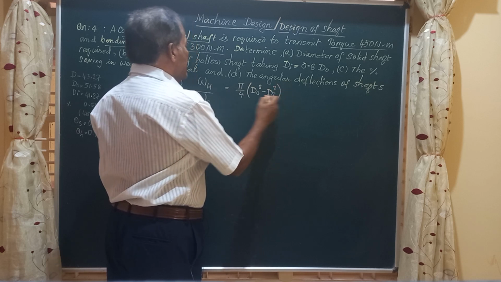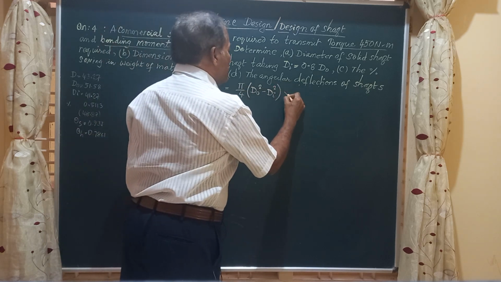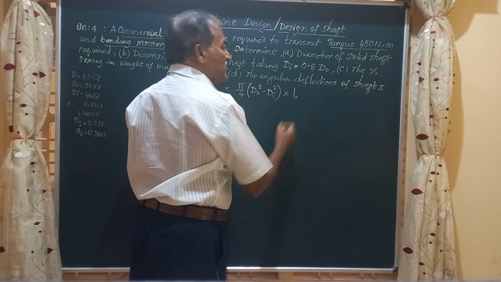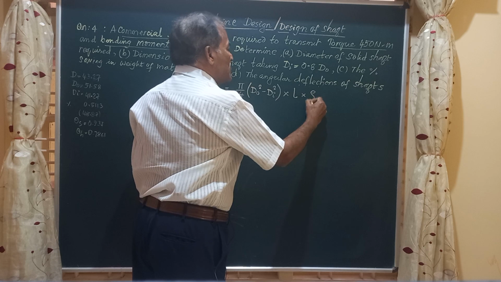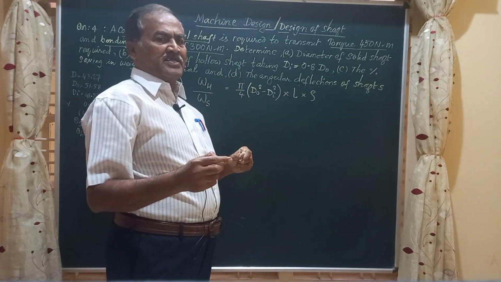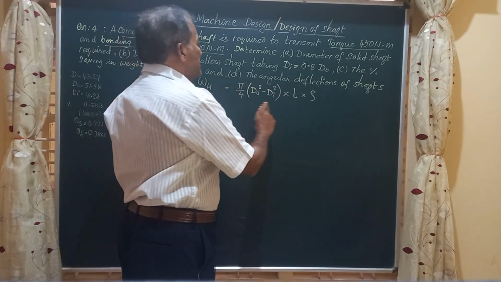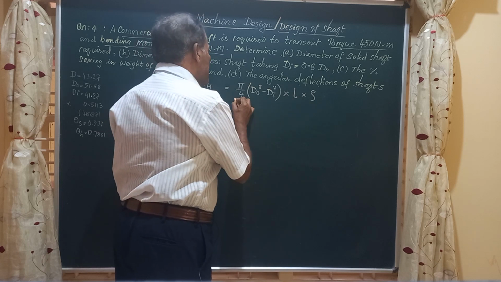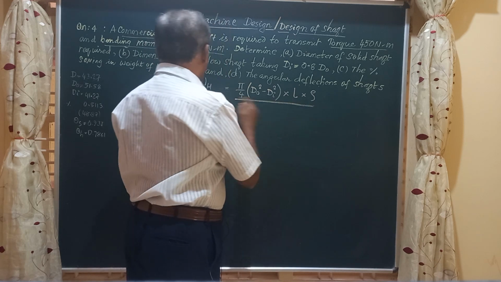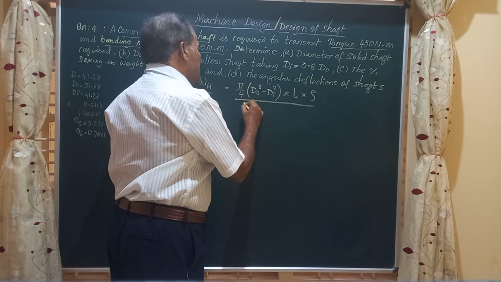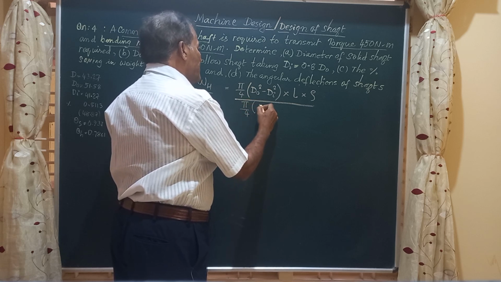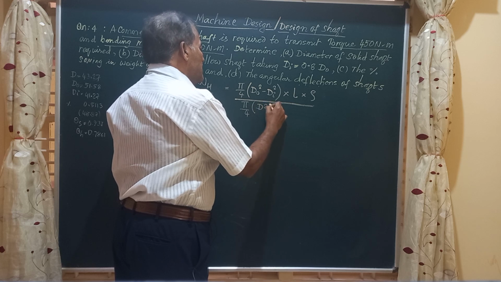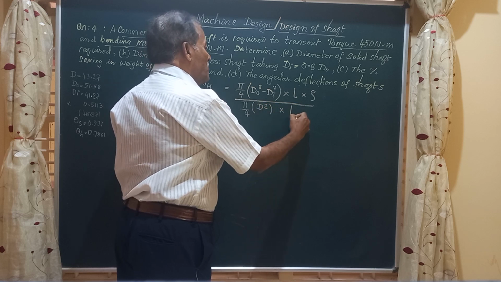The area of cross section multiplied by the length will give you the volume of the material, multiplied by rho, the density of the material, will give you the weight. On the same lines, for the solid shaft, you have diameter D and the area of cross section is pi by 4 D square. Length remains the same for both.